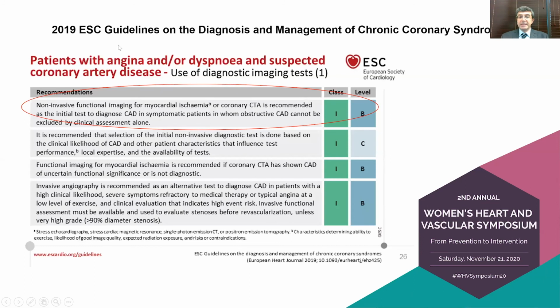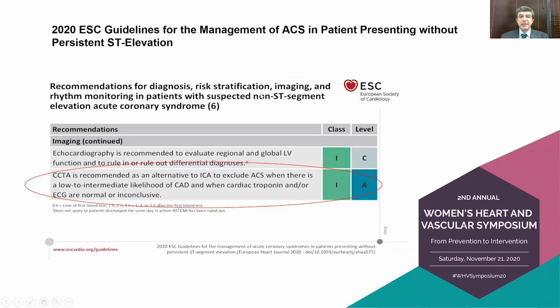In 2019, the ESC Guideline on management of patients with stable coronary artery disease gave class 1B to cardiac CTA for evaluation of these patients when they are presenting for further evaluation. Again, this is based on the above studies that I showed you and a lot of cardiac studies that have been done.